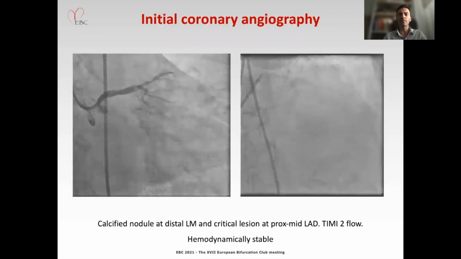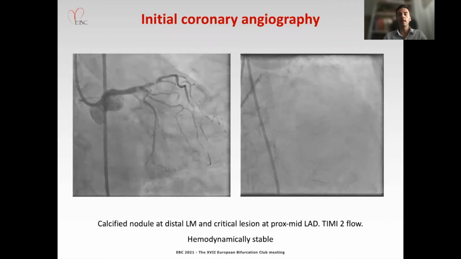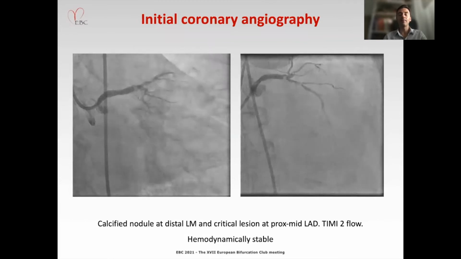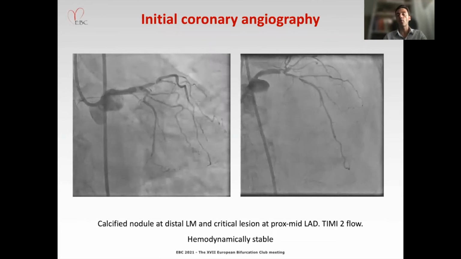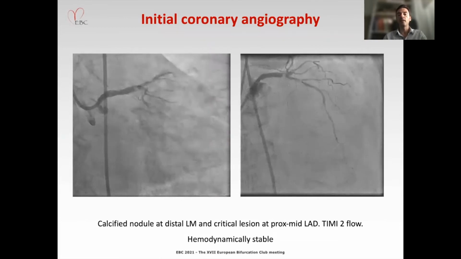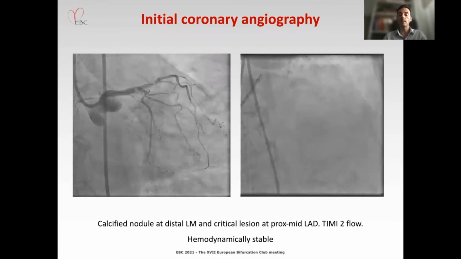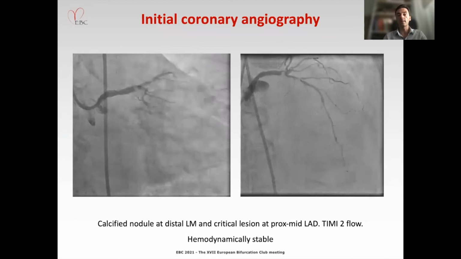This is the first angiography with a calcified nodal distal left main and a critical lesion at proximal mid LAD that produced a TIMI 2 flow. The patient was stable at this point.